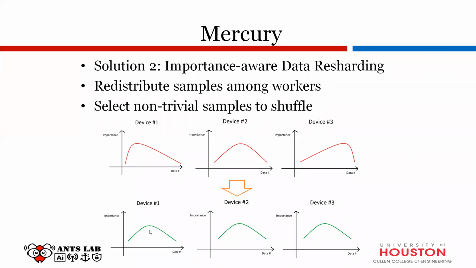So yes, there will be an aggregation for this part, and they just need to redistribute all those samples. Okay, that's how they avoid the bias here. Okay, so that is the solution to the bias issue.